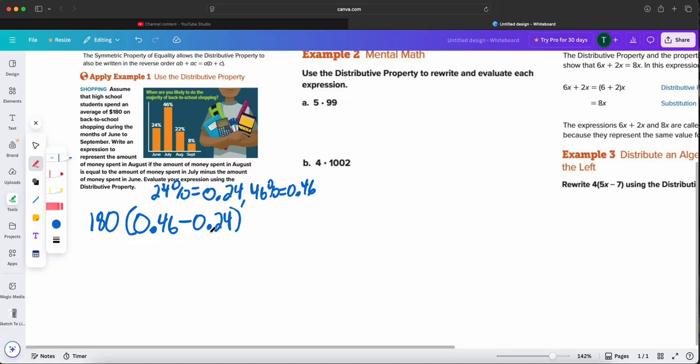So there are two different ways you could evaluate using the distributive property. You could go ahead and subtract and multiply, or we could jump the fence using our distributive, and we'd be taking 180 times our 0.46 minus our 180 times our 0.24. So if we take 180 times 0.46, that is going to get us $82.80.